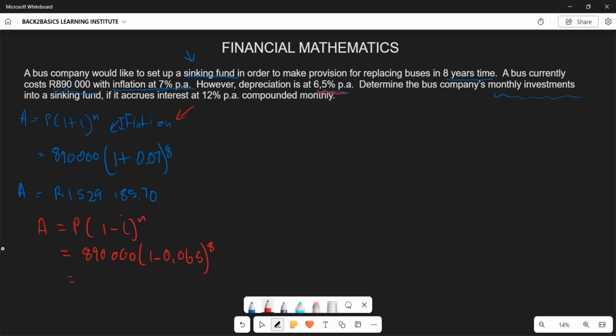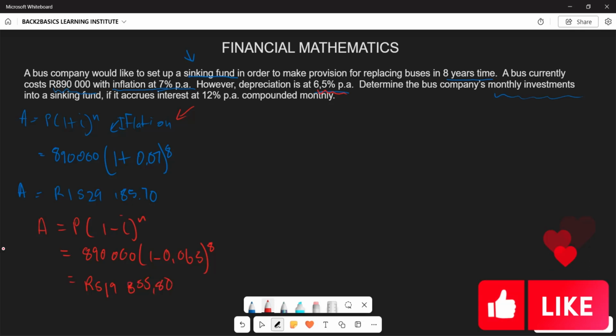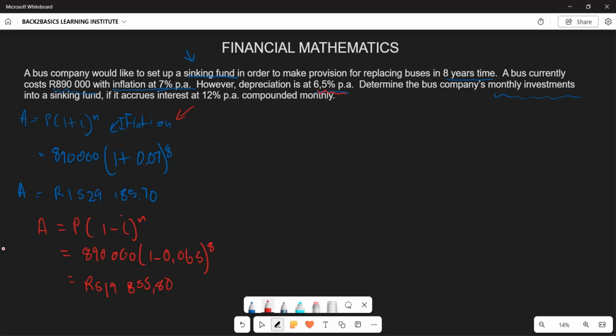Which means the value of the bus would have reduced to 519,855.80. So this is your depreciation value. What is important now is that firstly, we are going to work out the value of the bus in 8 years' time due to inflation.